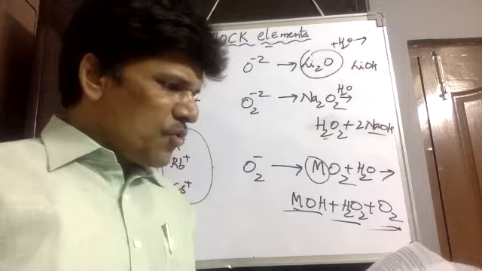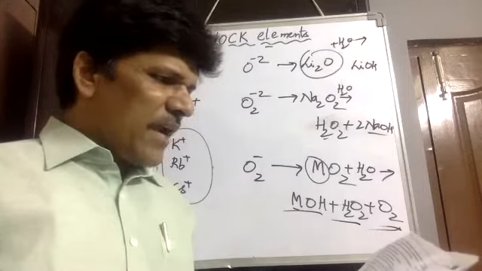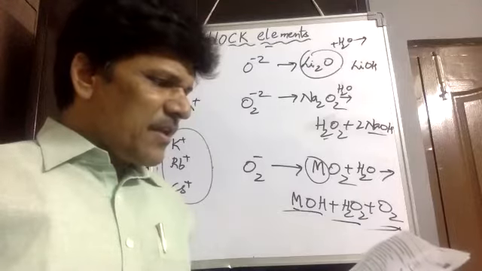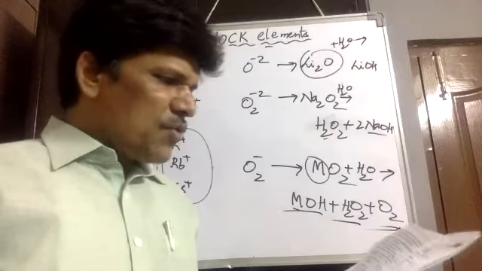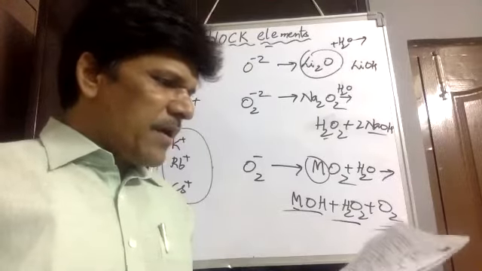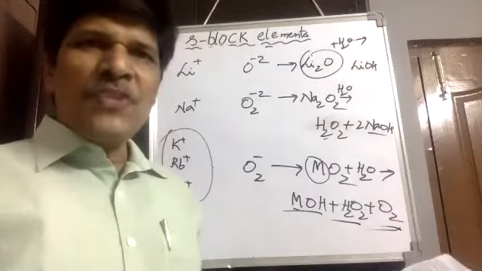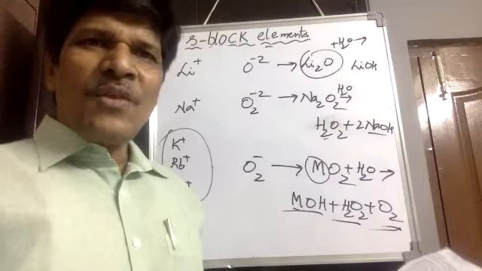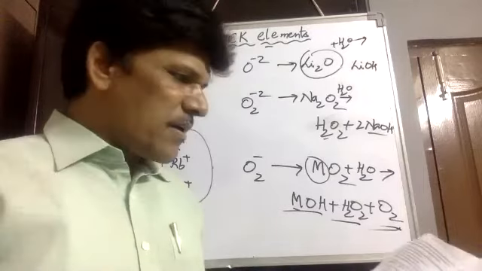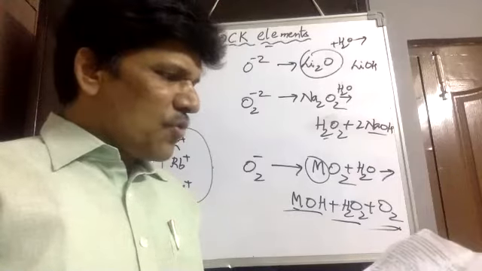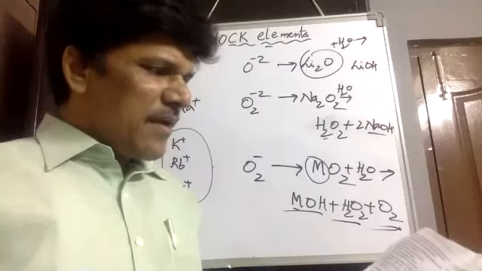The 39th question: which of the following undergoes hydrolysis by cold and hot water? Lithium chloride, sodium chloride, rubidium chloride, potassium chloride. Hydrolysis means cation hydrolysis takes place.